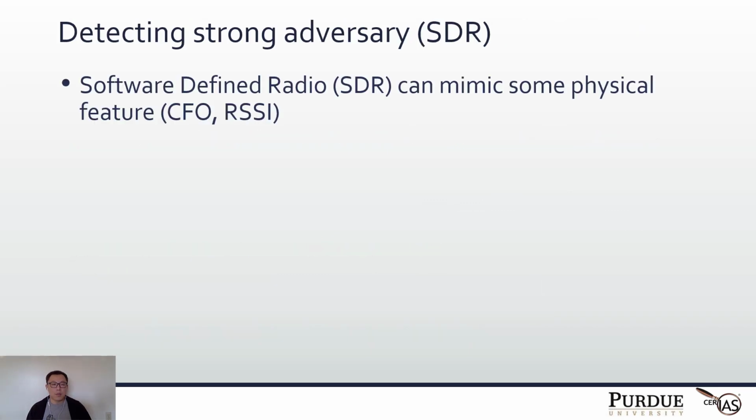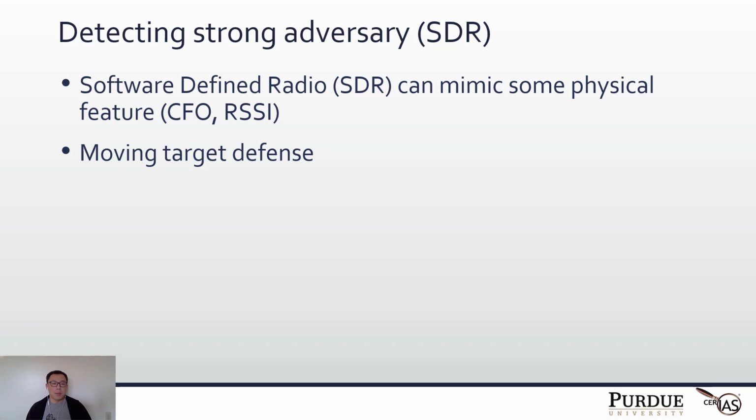BlueShield can also defend against strong adversaries, such as an attacker with software-defined radio capabilities, which can mimic some physical features. We leverage the moving target defense approach to defend against such attackers.